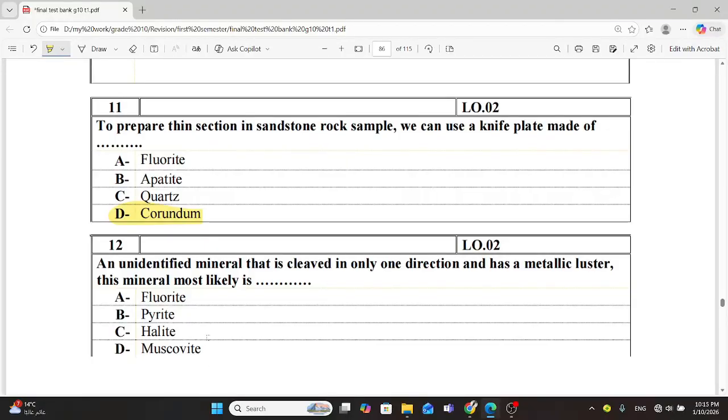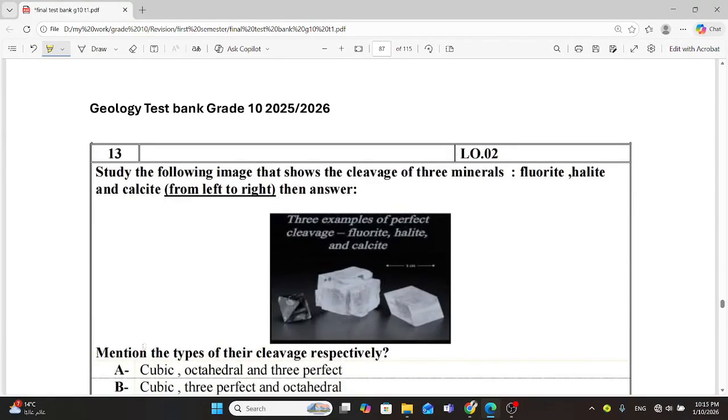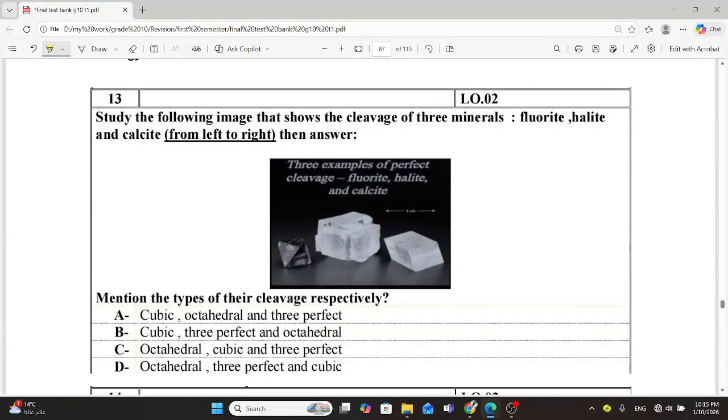This mineral most likely is muscovite mica.